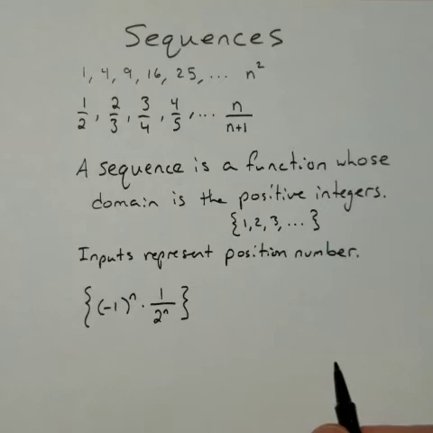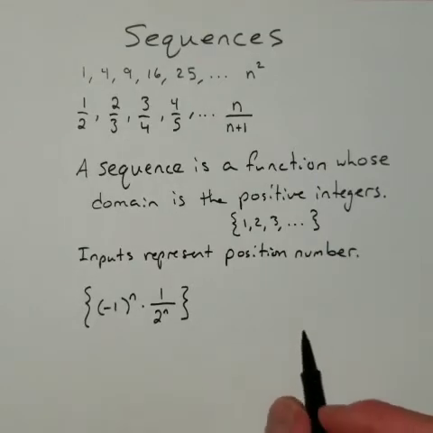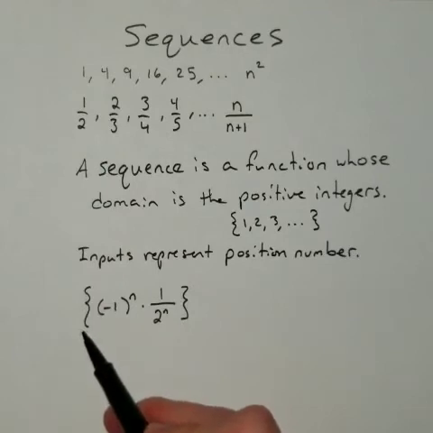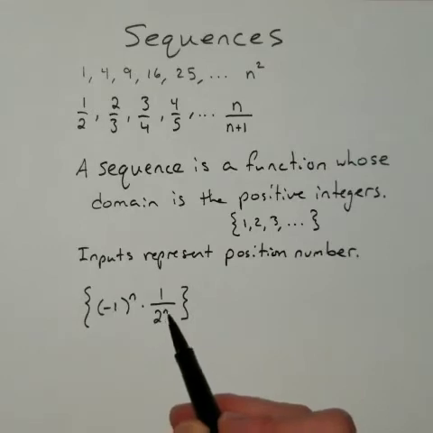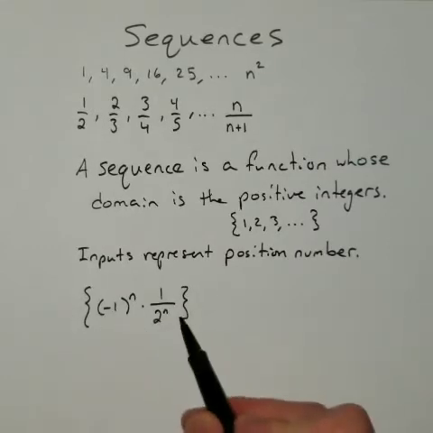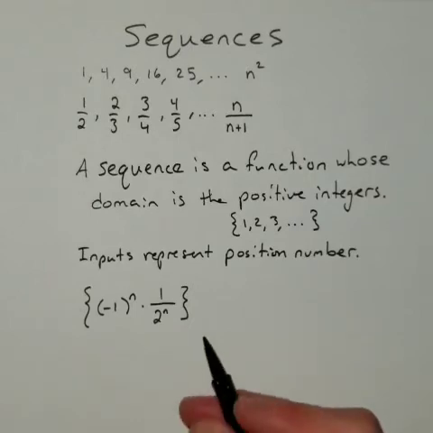When we write out a sequence, in a formula, we often use set notation because the numbers in the sequence make up a set of numbers. So we use set notation to represent a sequence.